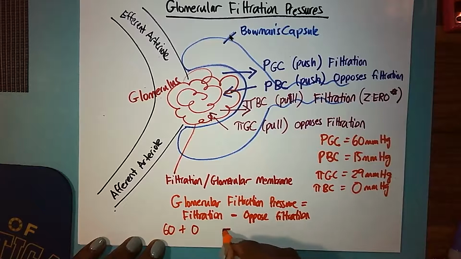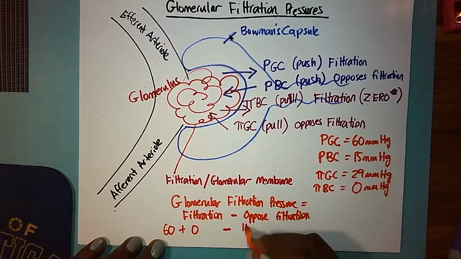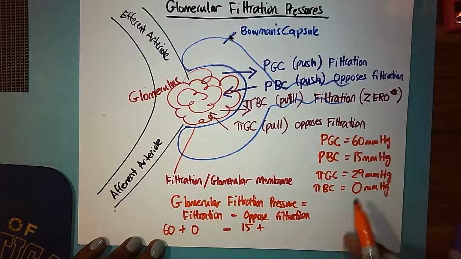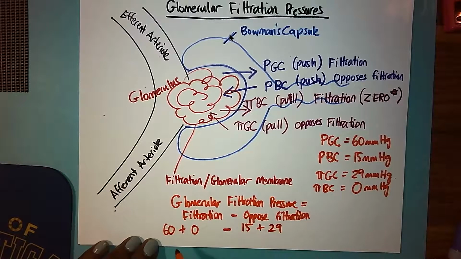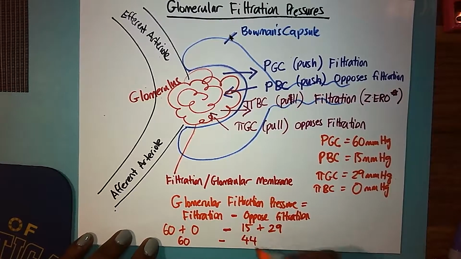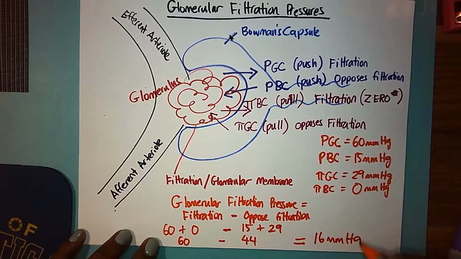And then we want to identify our forces that oppose filtration. So that's going to be our Bowman's capsule hydrostatic pressure, which is 15, plus our glomerular capillary oncotic pressure, which is 29. Okay, so that should give us 60 minus 44. So that's a grand total of 16 millimeters of mercury.